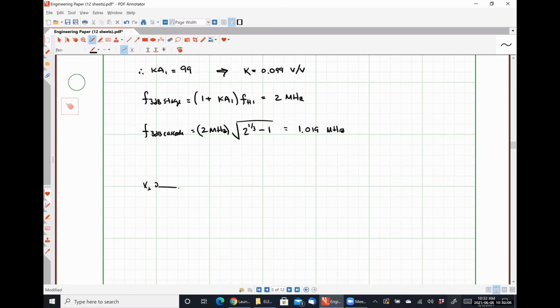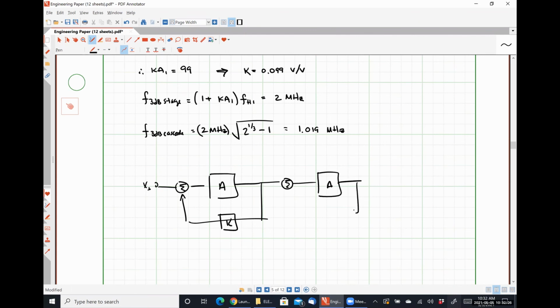XS, mixer, gain stage, feedback into another mixer, gain stage, negative feedback into another mixer, gain stage.